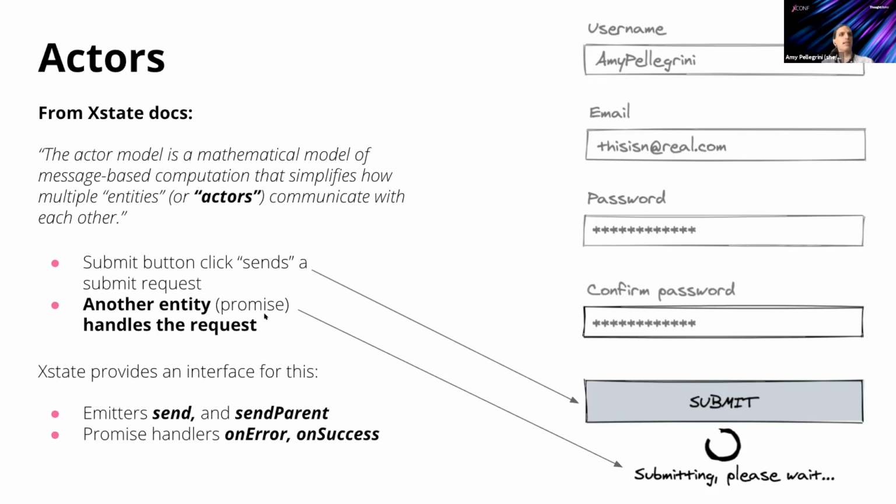You could have, for example, maybe not even a promise, you could have an observable, or you could have another state machine, but in this case it would be a promise. And Xstate provides an interface for this. You have the emitter, send and sendParent. If you have nested state machines, you can send messages to the parent state machines. And you have the handlers onError and onSuccess for promises.